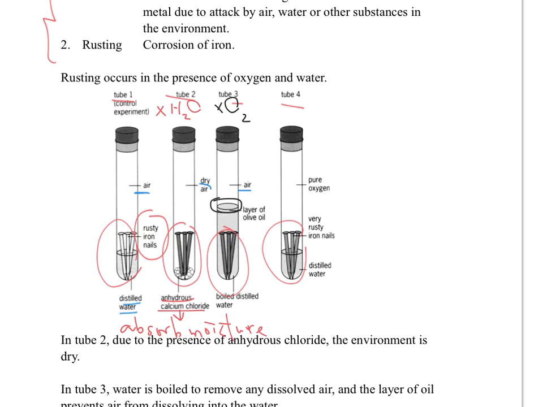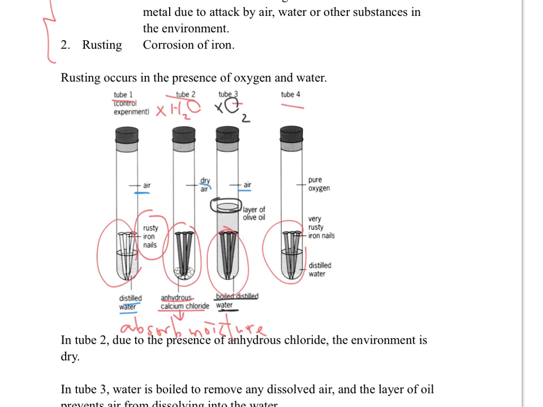Although you have water here, boiled distilled water eliminates the dissolved oxygen in the water. That means in the third tube, no more oxygen. And you find that no rusting here.